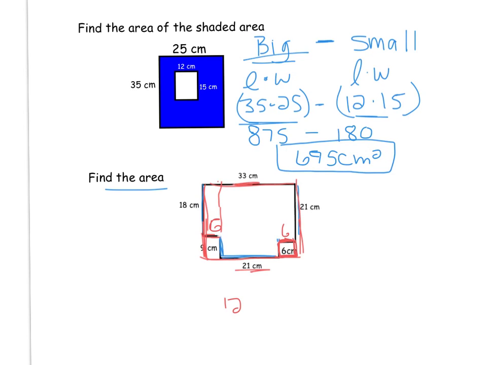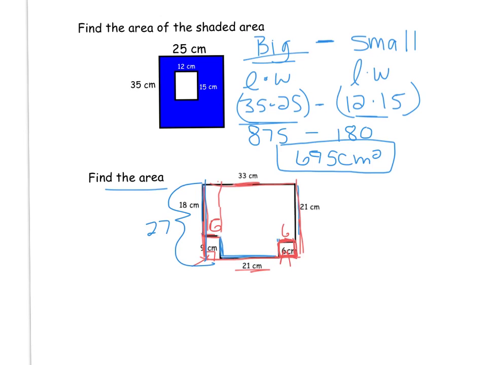So I'm going to use a method of subtracting the smaller pieces. So I'm going to figure out the total area. I have my 18 and 9, so this whole thing is 27.